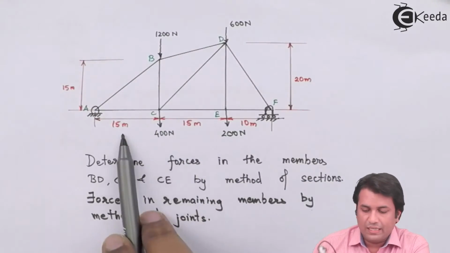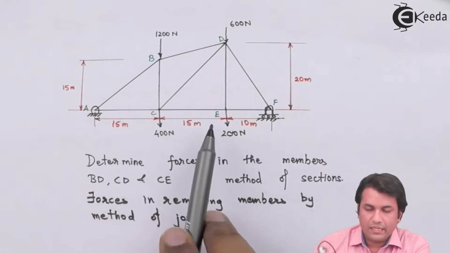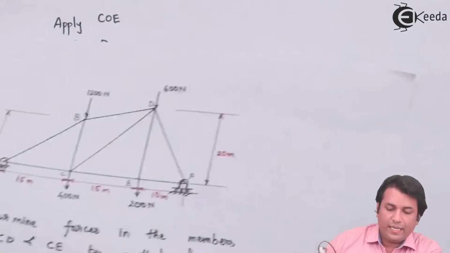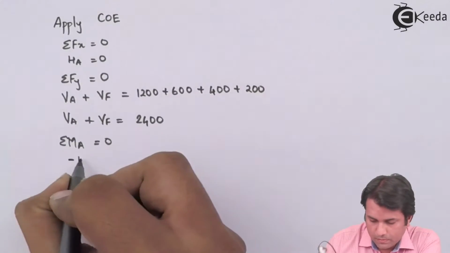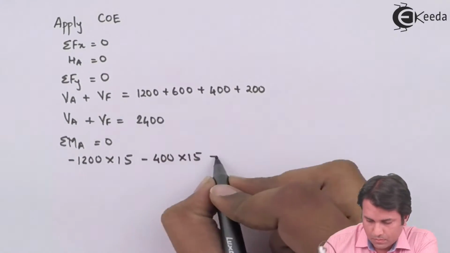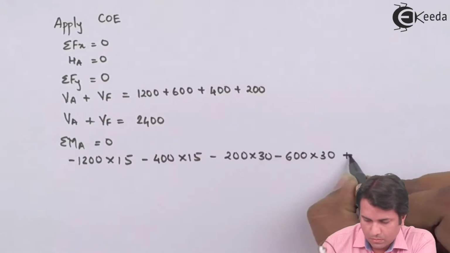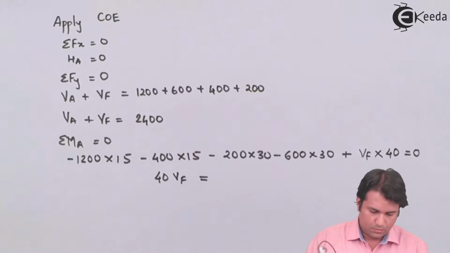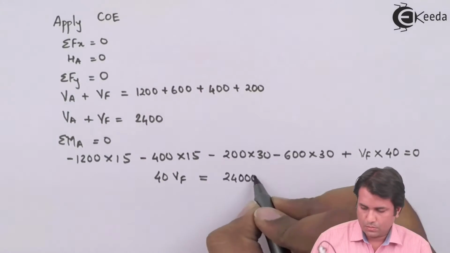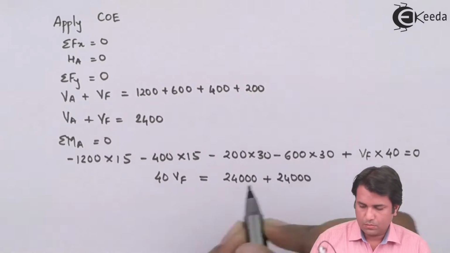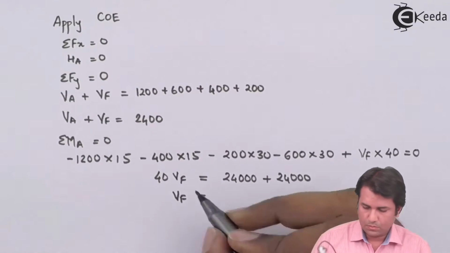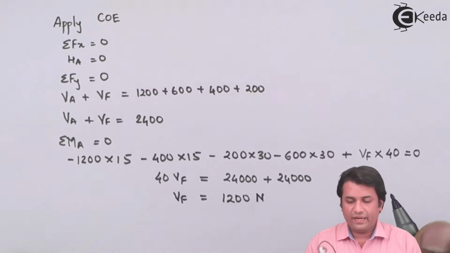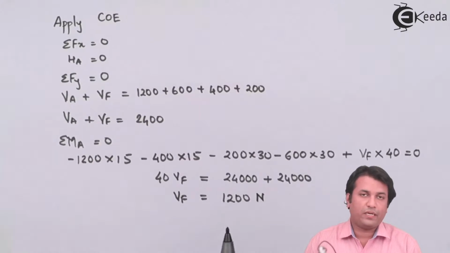The distances are clearly mentioned for me, so I can take the distances and the forces and find out the moment with respect to point A. I've got the vertical reaction force at F as 1200 newtons.